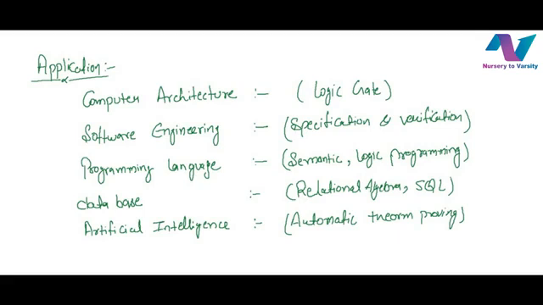In software engineering we deal with specification and verification. In programming languages we deal with semantics and logic programming. In databases we talk about SQL and relational algebra. And in artificial intelligence we talk about automatic theorem proving. So this is about the applications of logic.